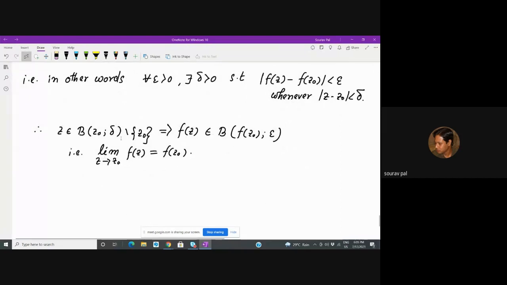And we have a sequential criterion for limit, so we have a sequential criterion for continuity.